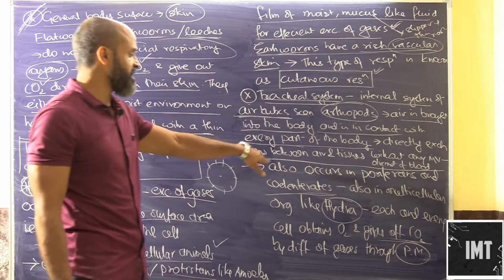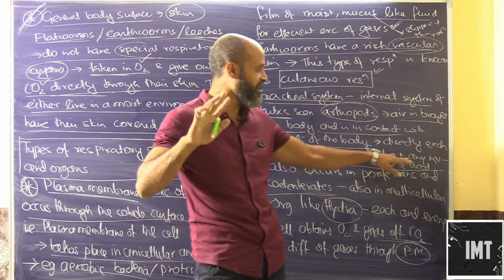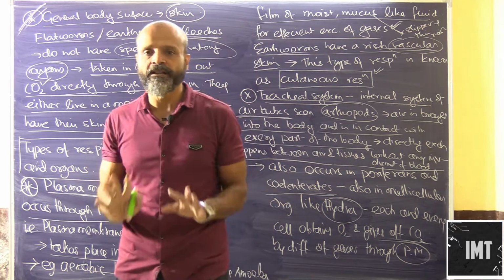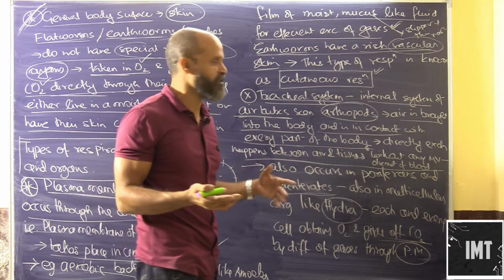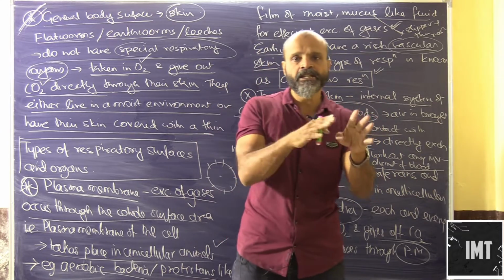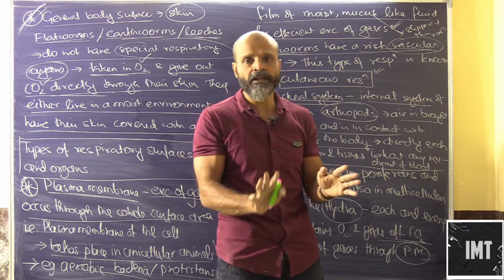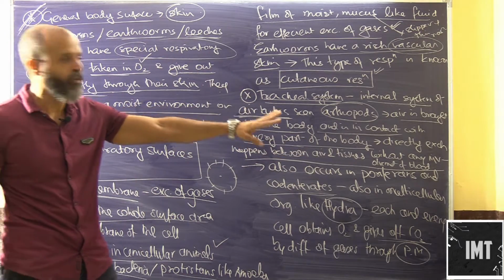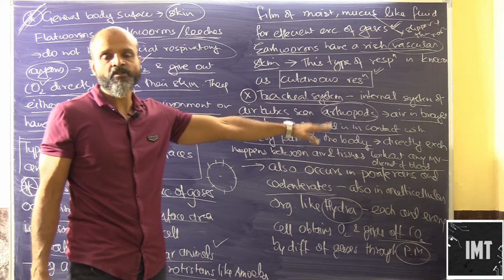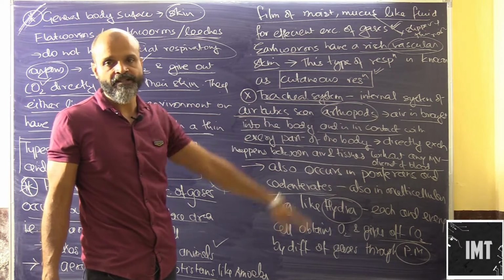So the exchange of gases happens between the air and the tissues directly, and there is no involvement of blood. In our case there is an involvement of blood in respiration, but here the exchange of gases takes place between these tubes and the different cells of the body. Generally there is no other medium like blood required for the transfer. That is called a tracheal system, generally seen in arthropods or insects.